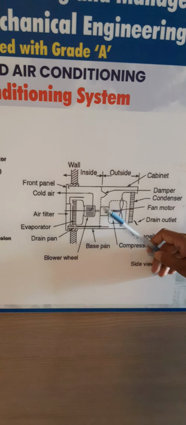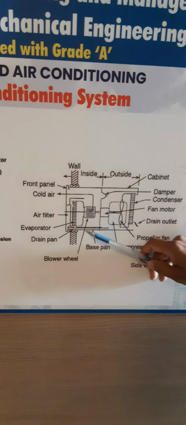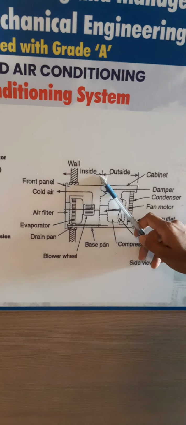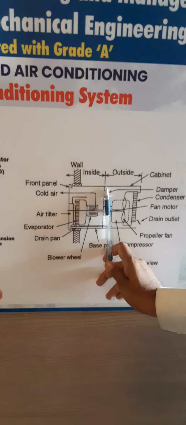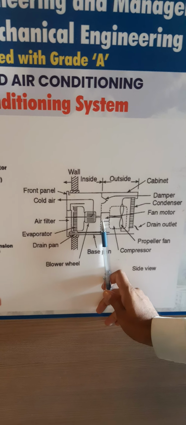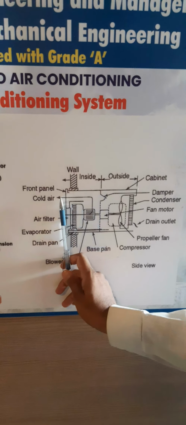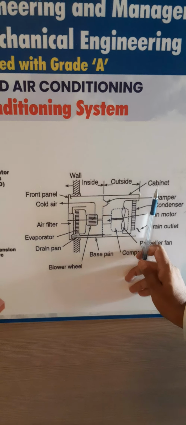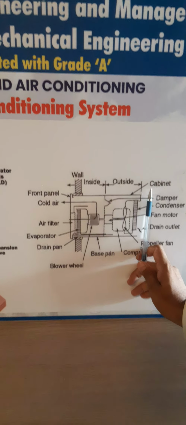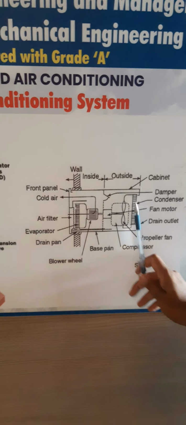So on the evaporator side there is a blower, right? It takes the air from the room. This is the inside of the room and this is the outside of the room. There is a partition wall, okay. The inside portion of the room has the evaporator, the cooling device, and the outside of the room has the condenser, that is the heating device, okay.